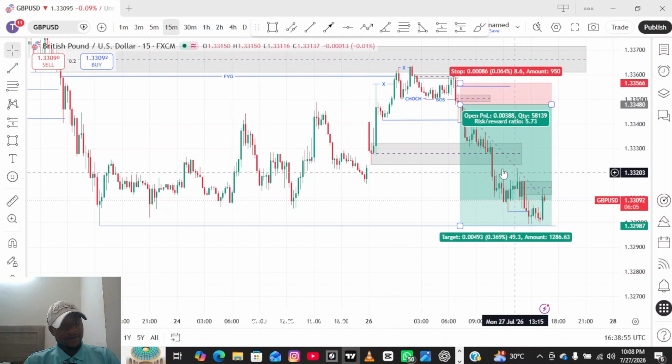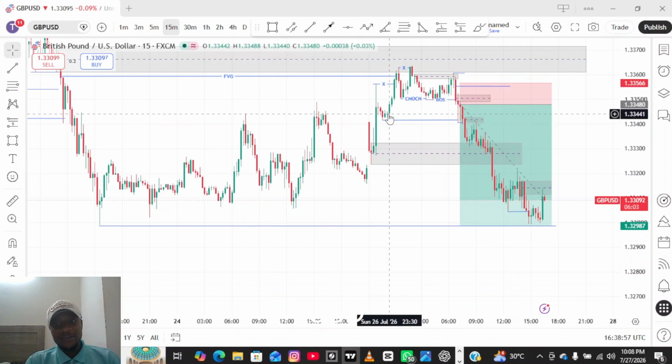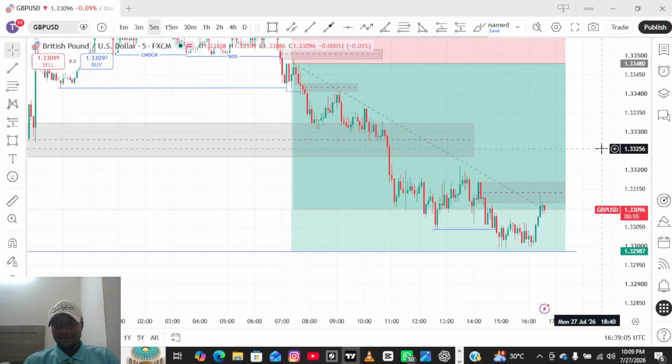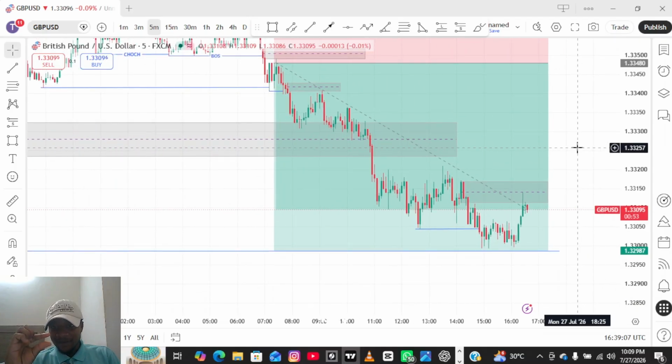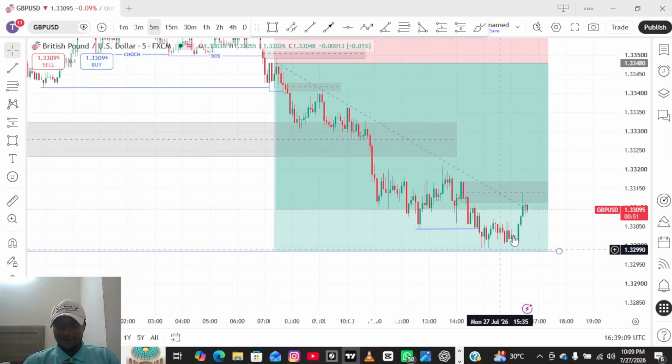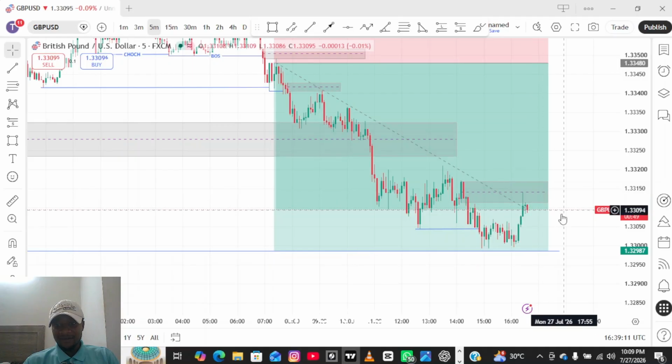Then also with GBPUSD, it's the same, and price has only lifted by a small margin to its take profit. Now it started to reverse like this, but very soon we'll be hitting TP.